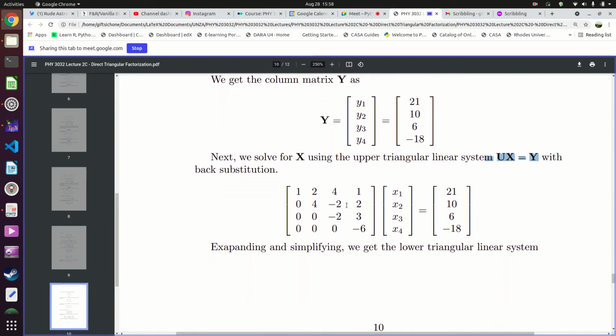Our U is 1, 2, 4, 1, then 0, 4, minus 2, 2, then 0, 0, minus 2, 3, then 0, 0, 0, minus 6. This is your U. Then your x is x1, x2, x3, x4. Then your y is 21, 10, 6, minus 18.